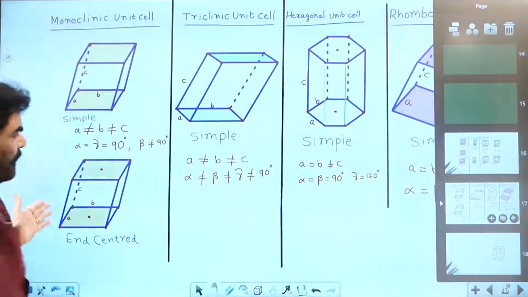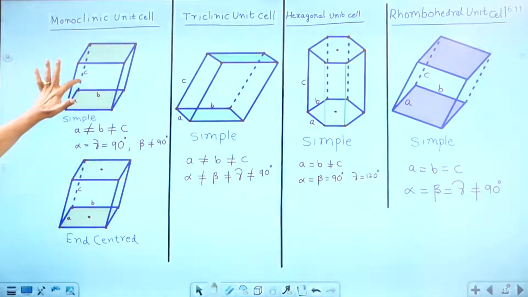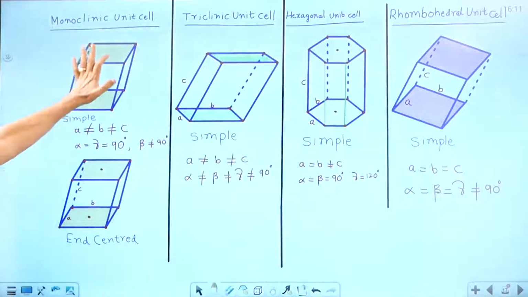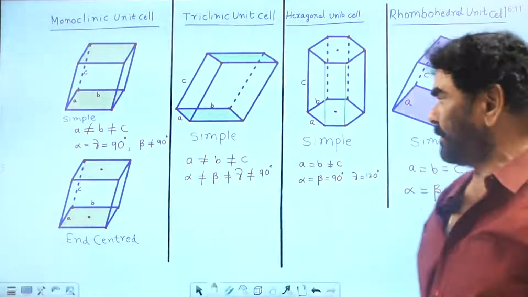This is the monoclinic system: the primitive, simple type, one and the same, where the lattice points occupy only the corners.